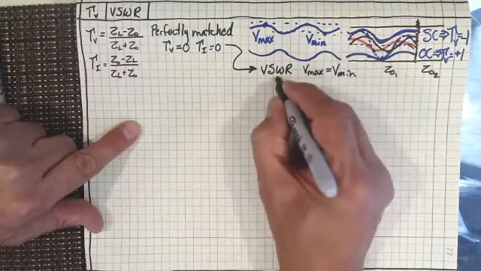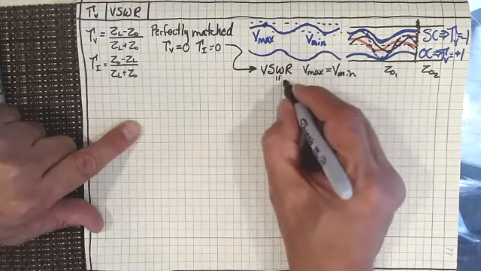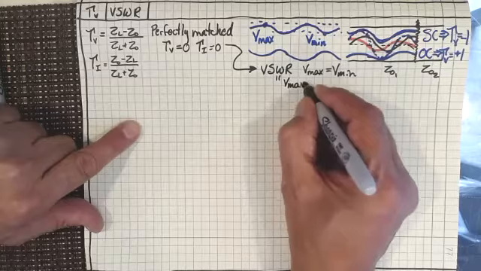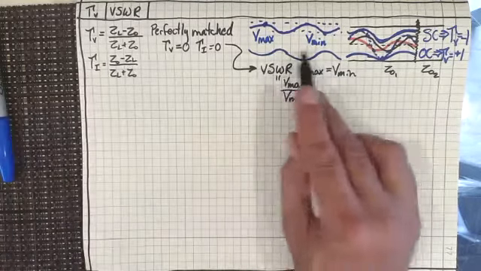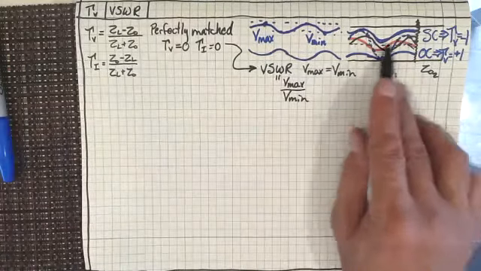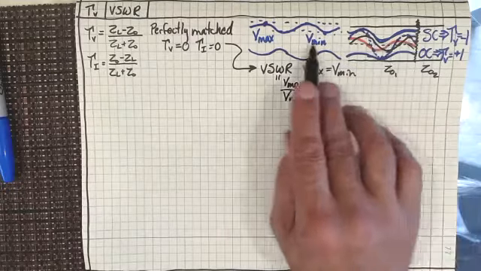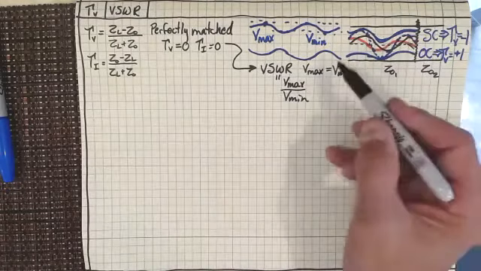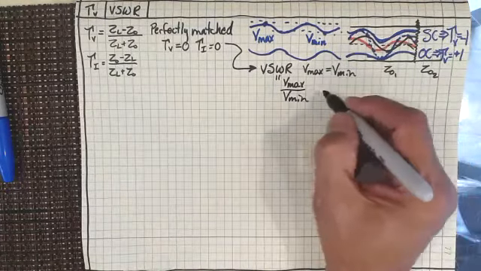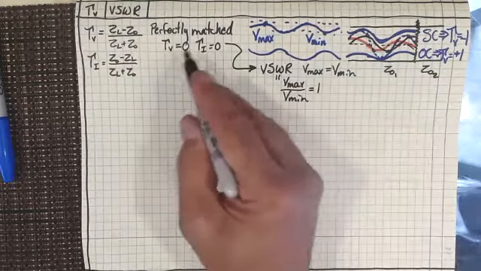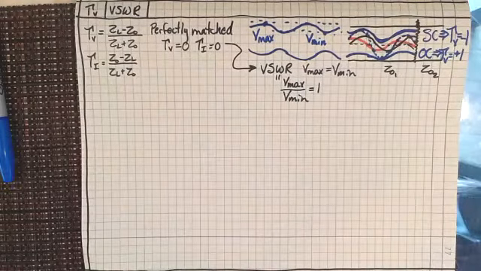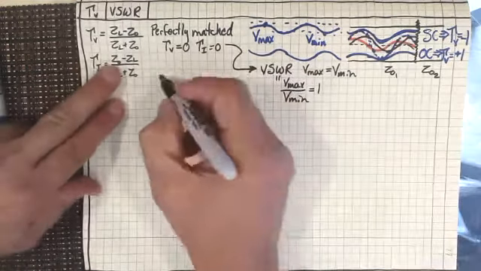So my voltage standing wave ratio, which is the ratio of V max over V min, right? So we know that VSWR is just V max over V min in the envelope that's established with the standing wave as I get the reflection off here and back. And so for a perfect case, V max over V min would equal 1. And that would be for a perfectly matched line. Now, how do I determine what VSWR is?